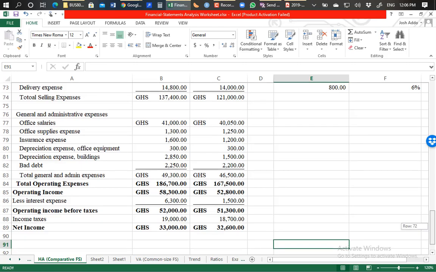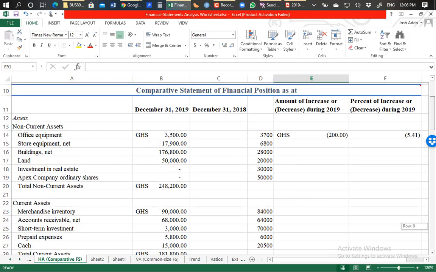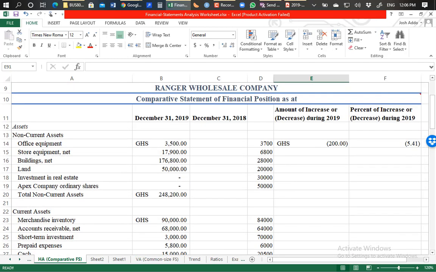You can do the same thing for the balance sheet. The balance sheet, horizontal analysis: this minus this, then the percentage. If you take this one, the change is 2019 minus 2018. The change was a decrement.